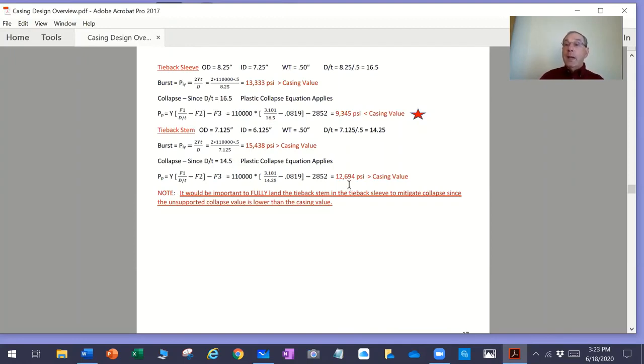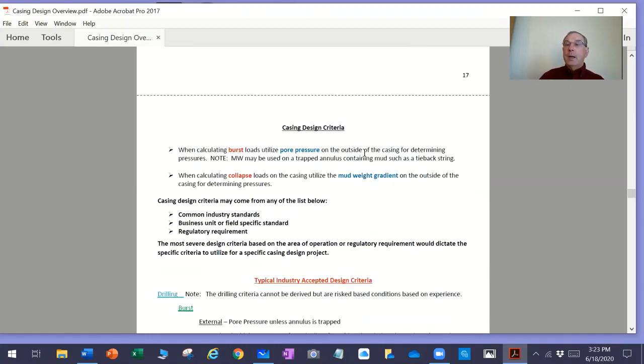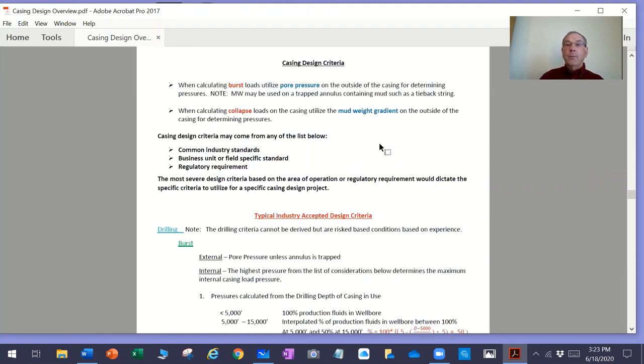So you just have to make sure that you retard your cement sufficiently and have procedures in place that when you land your tieback stem into the tieback sleeve, you land it all the way down to protect that sleeve from collapse. This type of risk mitigation would be the type of thing that has to be done all the time.